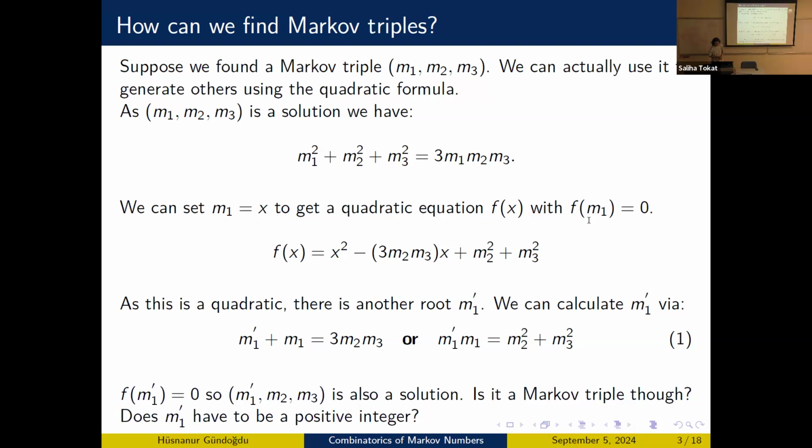But is this solution triple a Markov triple too? What do you think about that? I mean, is M1 prime a positive integer? Why?